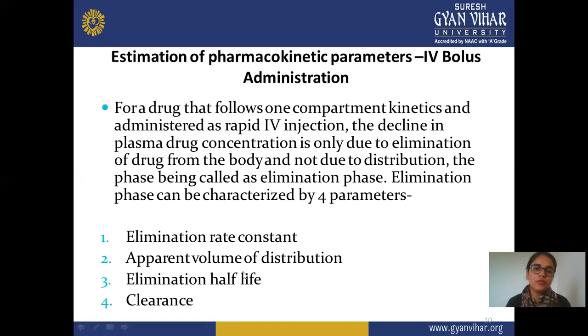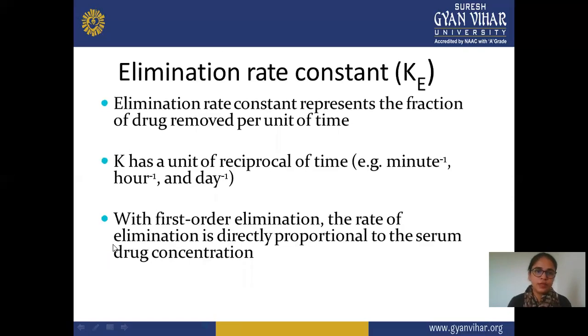So these are the 4 pharmacokinetic parameters for estimation of IV bolus administration of a drug. Now we discuss them one by one.